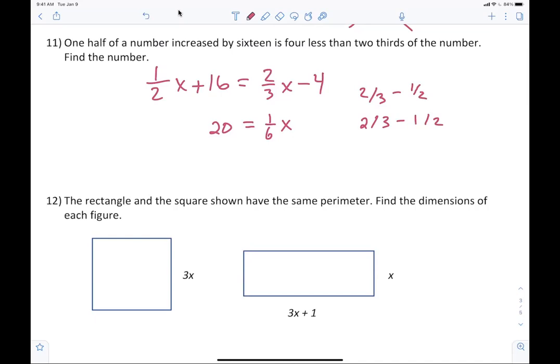Does everybody understand how to use their calculator now with fractions? Very nice. It's very helpful. All right. So now, how do I get rid of the 1/6? Multiply by the reciprocal. So x equals what? X equals 120.